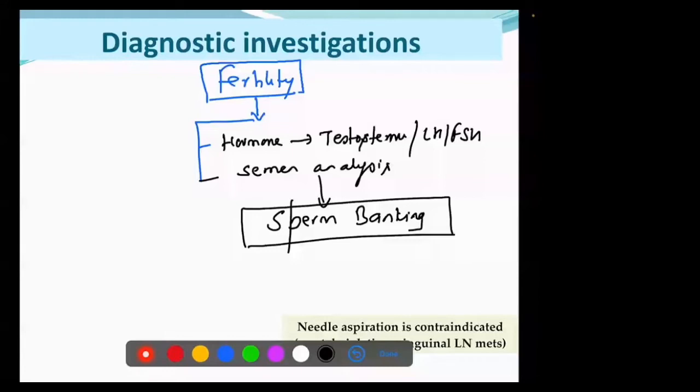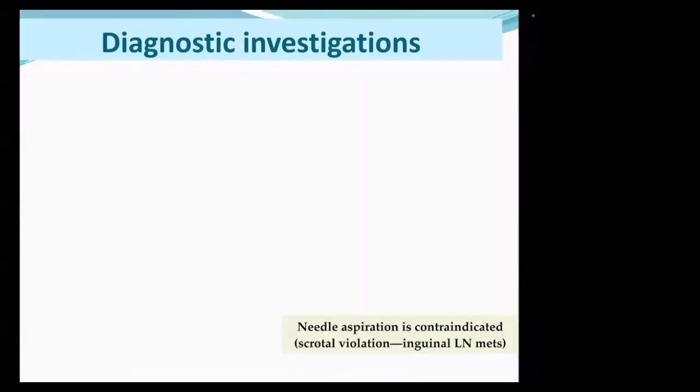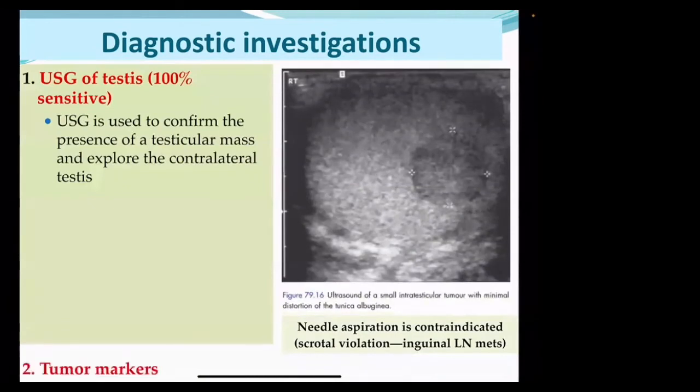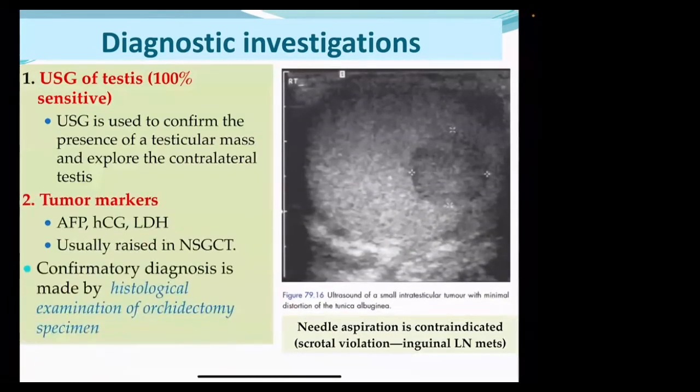Sperm bank means it's a place where we keep this sperm in a freezer, such that we can utilize this sperm later on for in vitro fertilization. As with other tumors, you can do general investigations for fitness for surgery. These are the investigations for diagnosis. See this ultrasonogram.